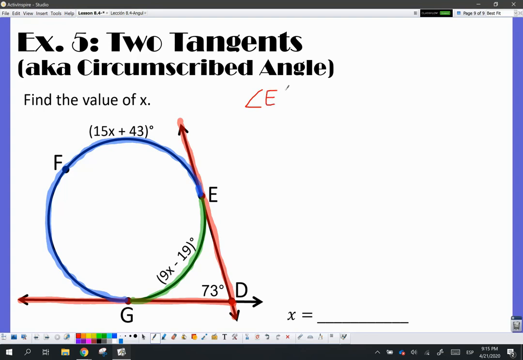So the angle EDG is equal to 1/2 times the difference of the arcs, which I'm going to start with arc EFG, and difference meaning minus, then arc EG. And I close my parentheses.